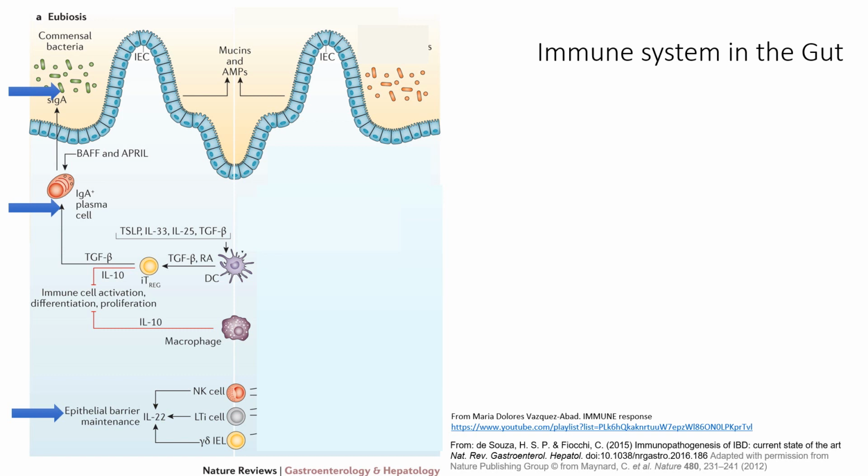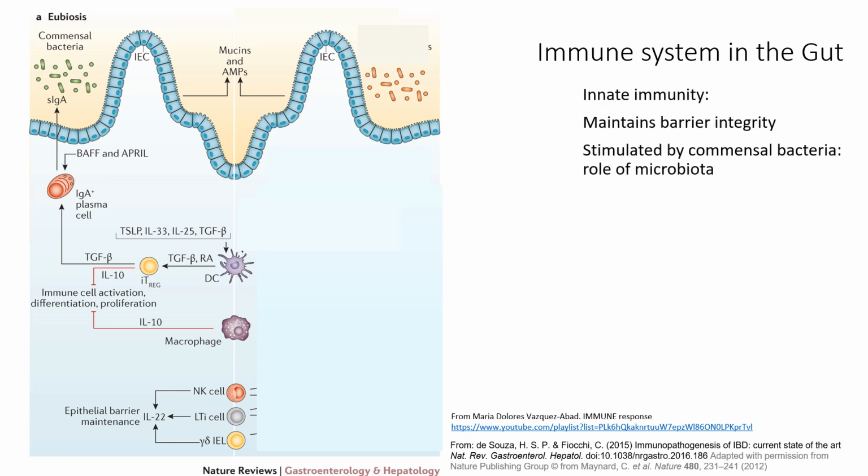And again, this is basically all an innate system response, which is healthy and normal in the gut environment. So, in summary, the innate immunity maintains the barrier integrity and it is stimulated by the commensal bacteria.